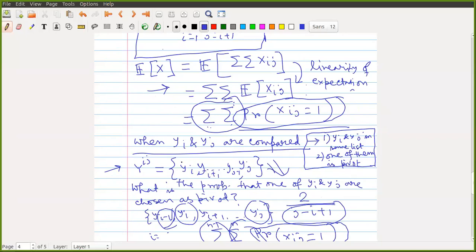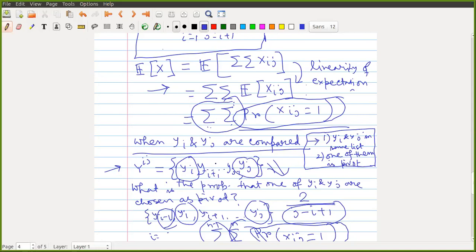When yi is chosen as pivot, we'll compare yi to all elements in this list, so in that case I'll compare yi to yj. Similarly, when yj is the pivot, we'll compare every element to yj, and in that case we'll compare it to yi, right? That is why 2 is coming.